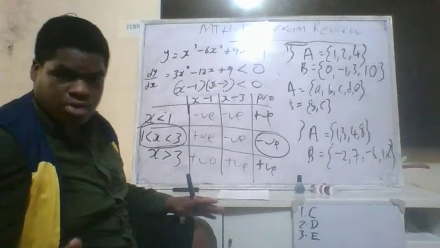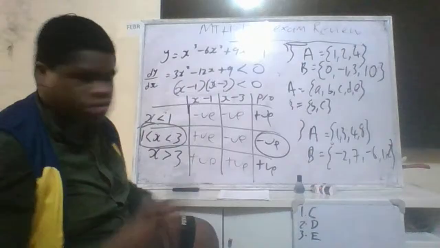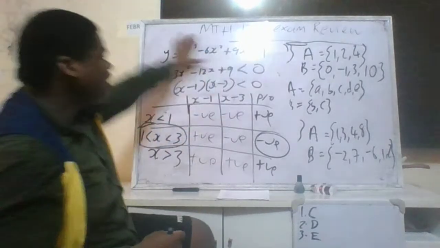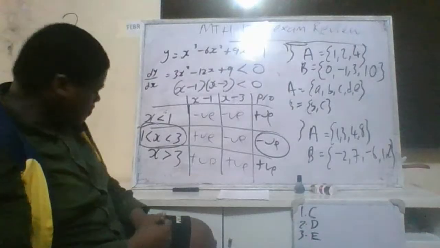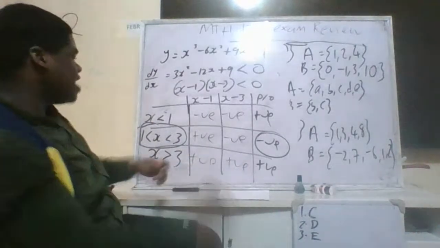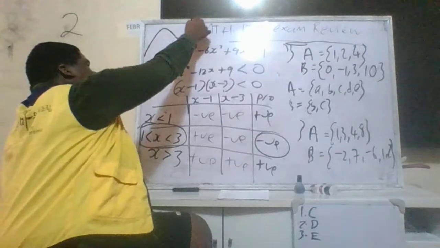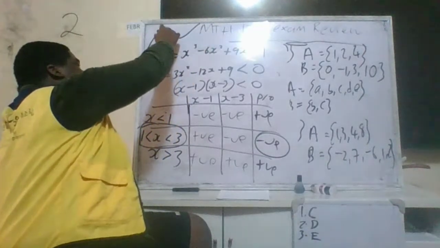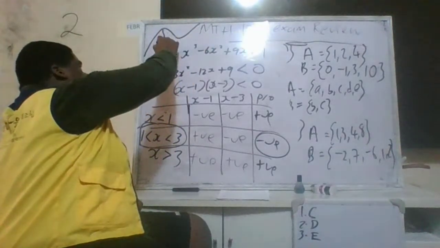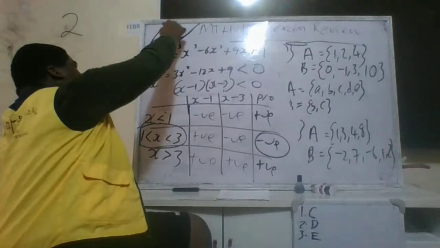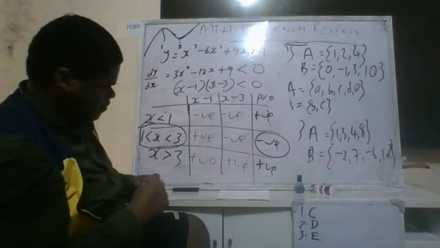But you can go to your graphical calculator, plug in x to the power of 3, plug in this function, and then plug in this function, and you're going to have the graph. From what I'm seeing here, the graph will look something like this: first it increases, then decreases, then increases again. The interval where it decreases starts from 1 and ends at 3. Then it continues increasing again. This is what it looks like.